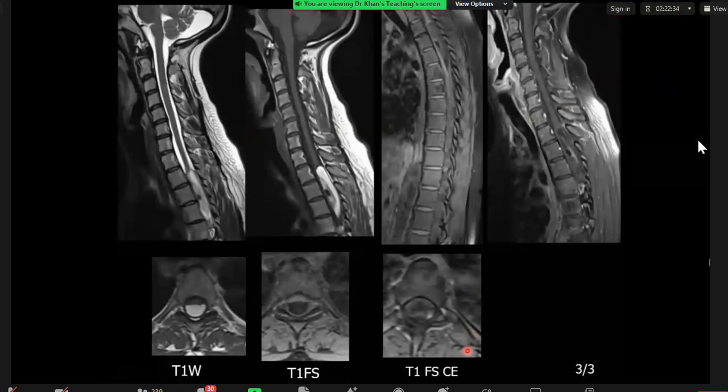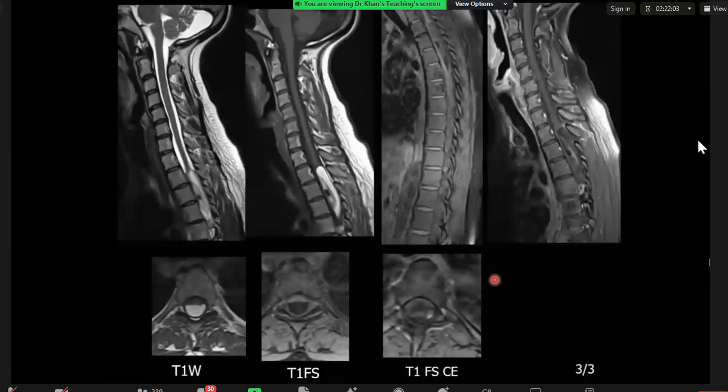So I've got a heterogeneous lesion within the central spinal cord of mixed signal intensities. There is a central hypointensity both on T1 and T2 that correlates with the hyperintensity seen on CT. There is surrounding hyperintensity on T1 and T2, which is saturated out on the fat saturated images.